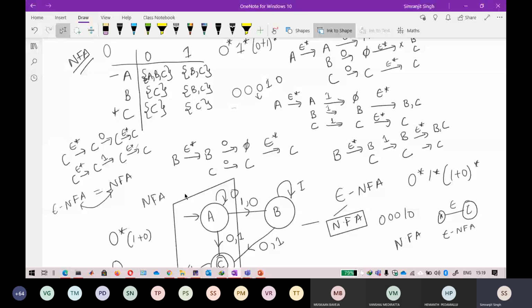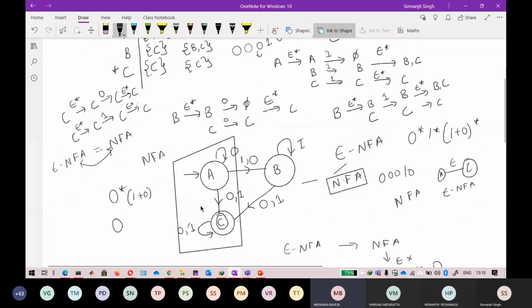In this particular question you are getting away with making A a final state, but in every question you cannot generalize this concept. Just keep that in mind: the language accepted by the epsilon NFA has to be exactly accepted by your equivalent NFA. Okay, sir. Thank you.